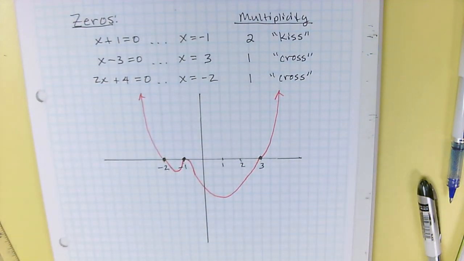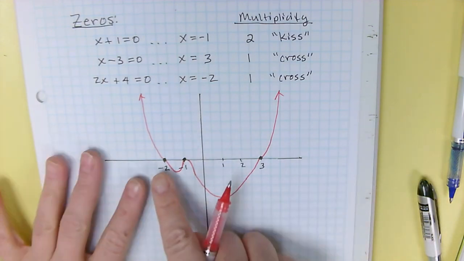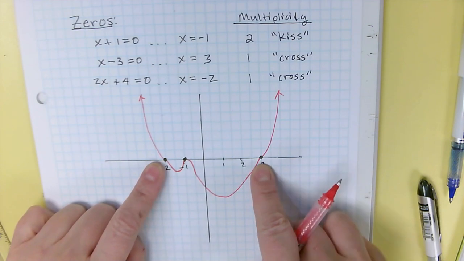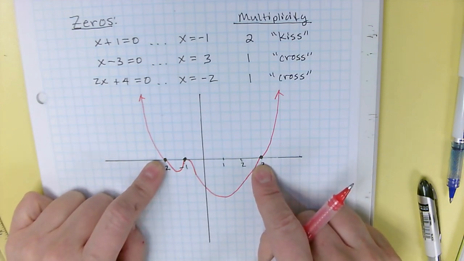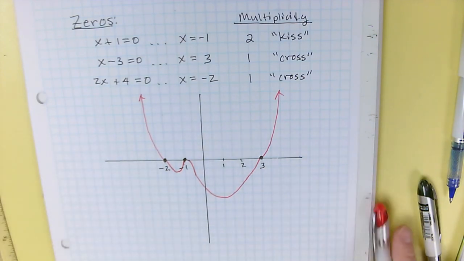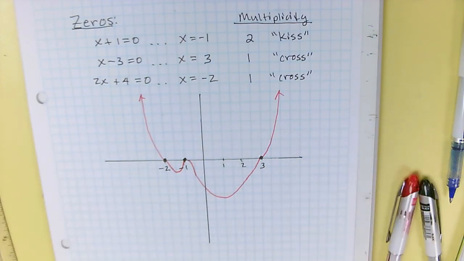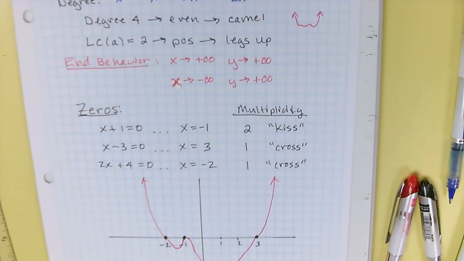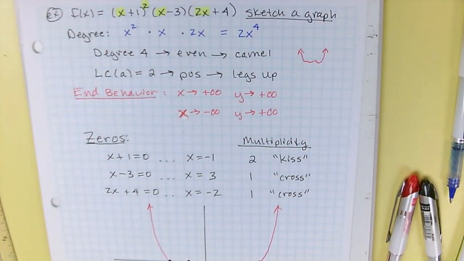Your multiplicity and your type of graph should go together. If these 3 things don't agree with a camel graph legs up, then something's wrong. Either it's not a camel graph legs up or you got your multiplicity mixed up. But that's a pretty good graph just looking at the equation and not seeing anything else. Okay, any questions about any part of this project?